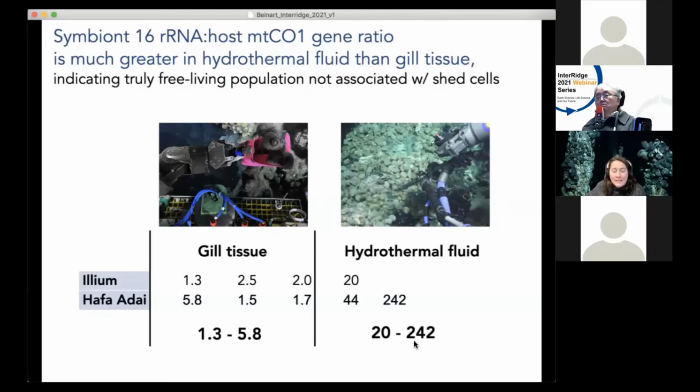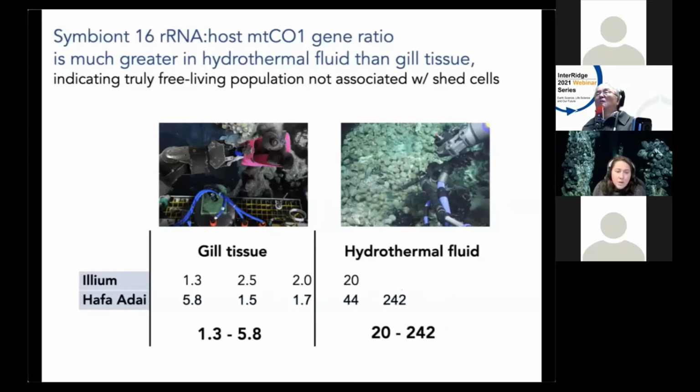What we think this indicates is that at least some of the symbionts we're capturing in the hydrothermal fluid are living outside of the gill cells, because we would expect these to be the same or very similar if what we were sampling were just shed gill cells.